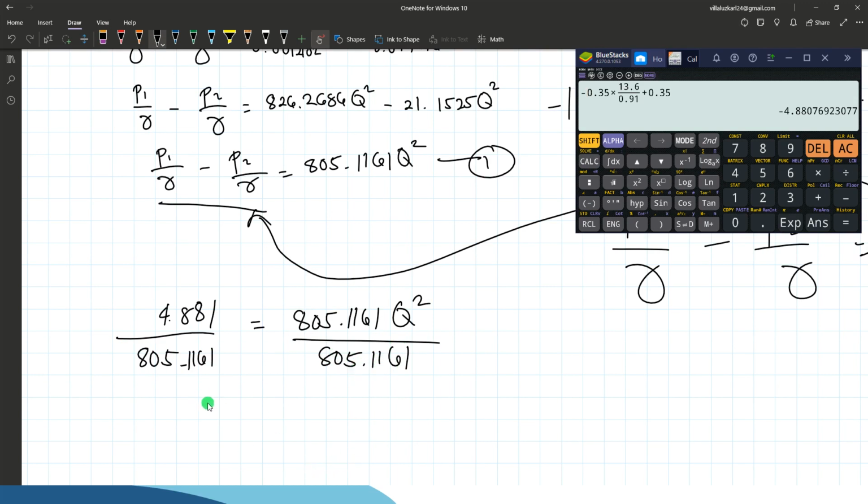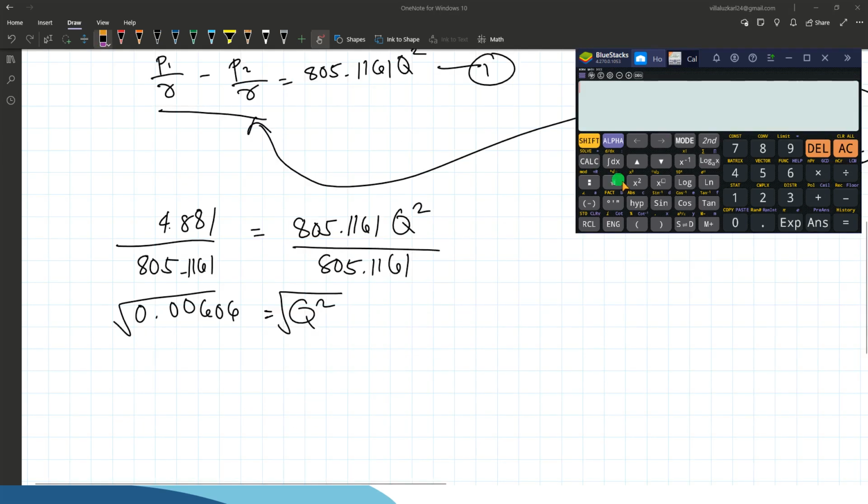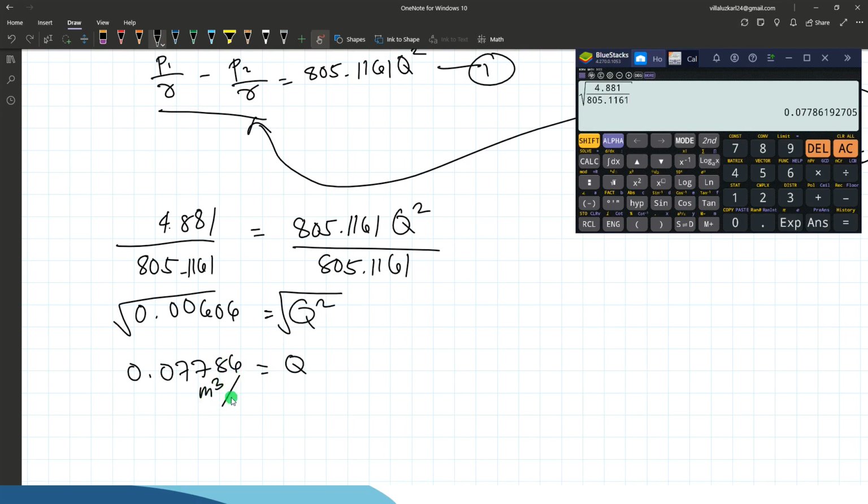The answer for Q squared is 0.00606, then take the square root. So 4.881 over 805.1161, the exact value for Q is 0.07786 cubic meters per second.